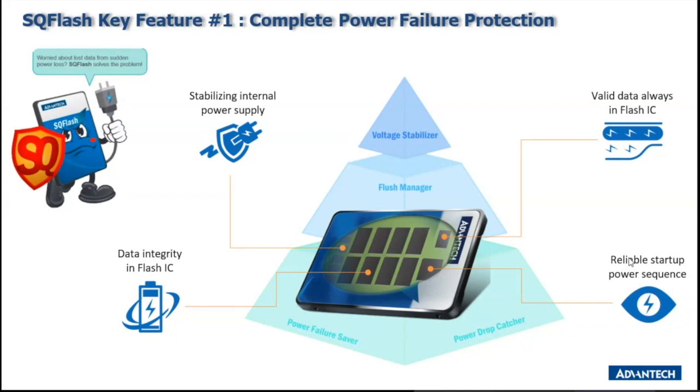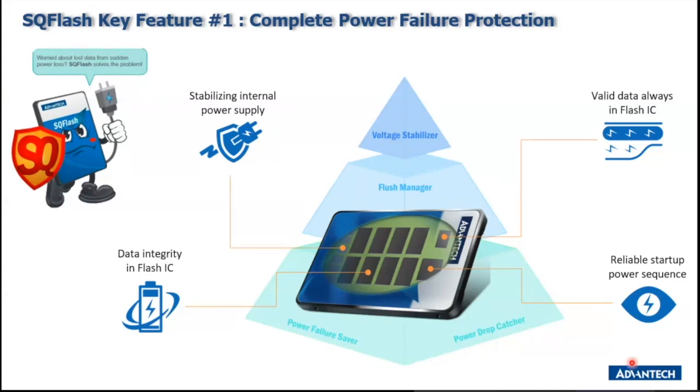So if the power suddenly goes up or down very sharply when the machine is still operating, or the voltage is lower or higher than the specs, then the processing data and information could disappear. Here is when the power failure saver comes in, which always ensures the data integrity in the SSD flash IC.